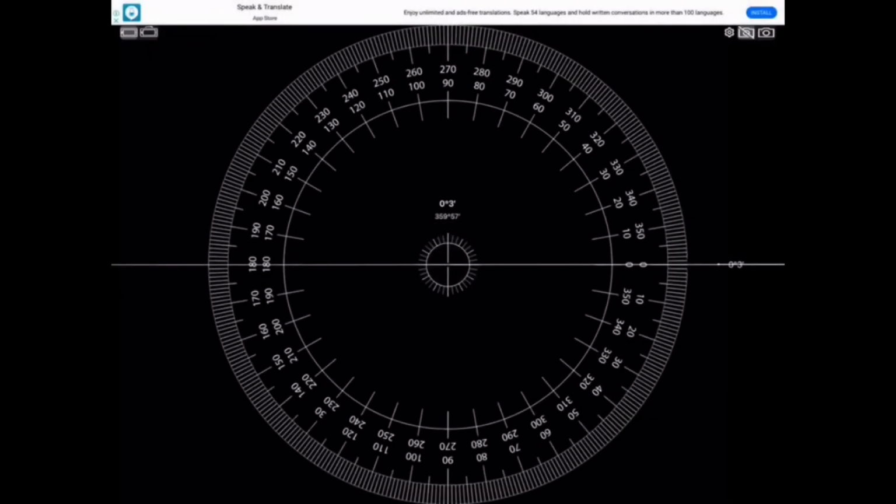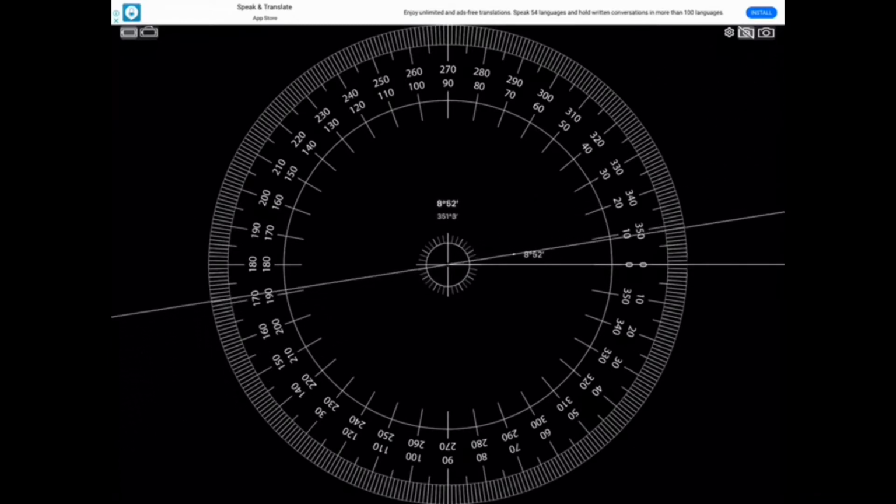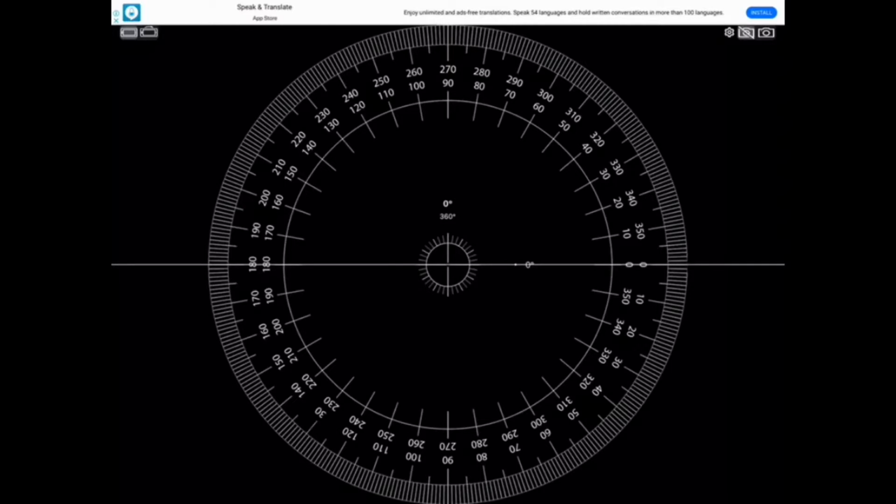So when we have our fixed point in the middle, if we go all the way around our fixed point, you can see that it totals, you see that number in the middle? 360. So it goes all the way around to 360. So 360 degrees is when you go all the way around a fixed point.